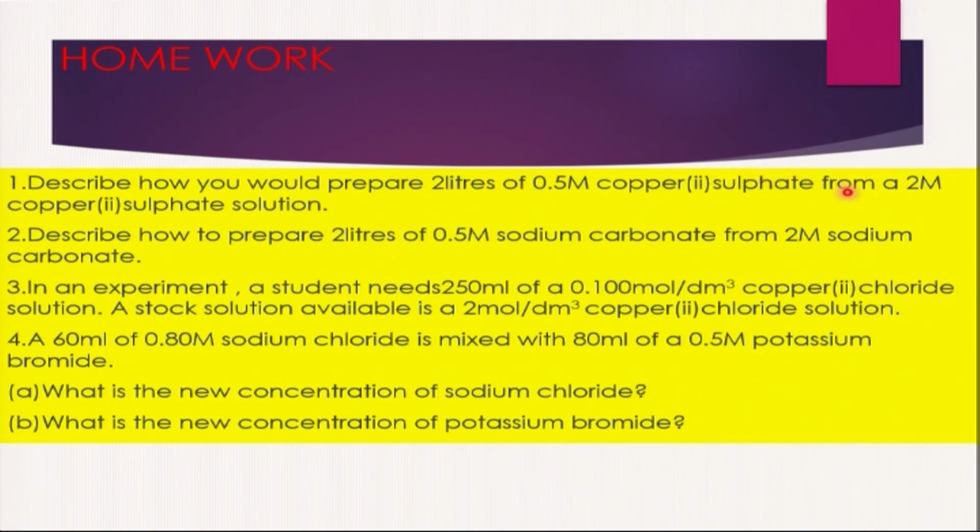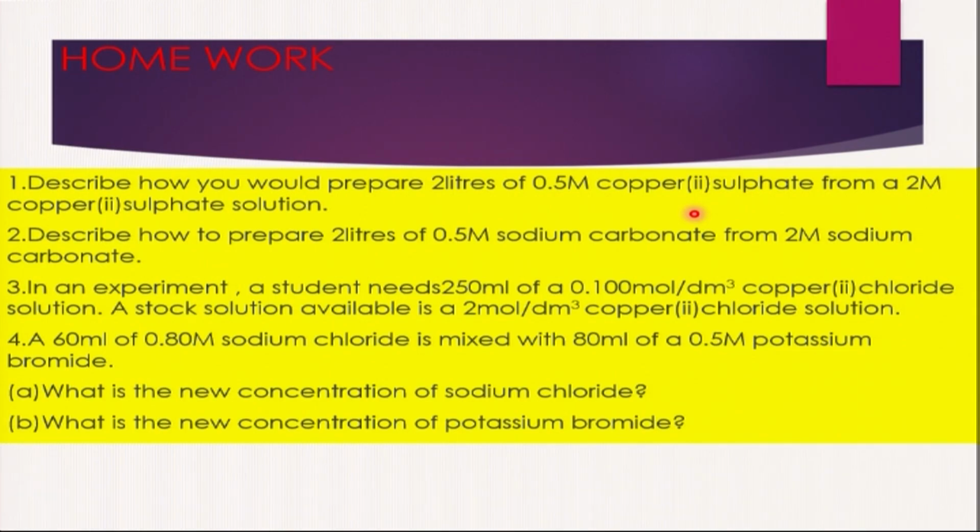So what do you need to do? You need to calculate V1 by just substitution. But what do I need? I need the steps. After calculating V1, the volume that is required, measure that volume accurately, and transfer it into a volumetric flask like this.